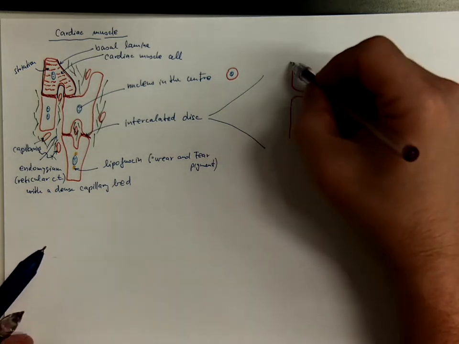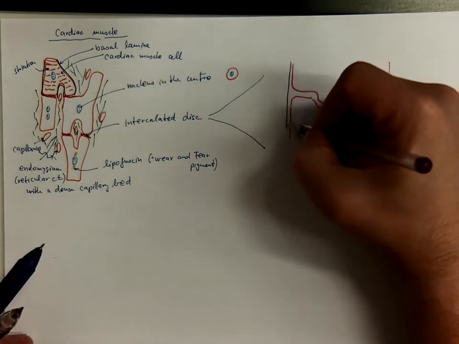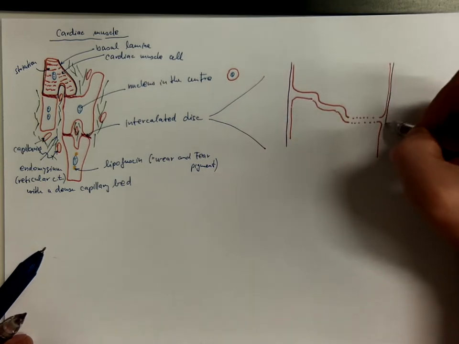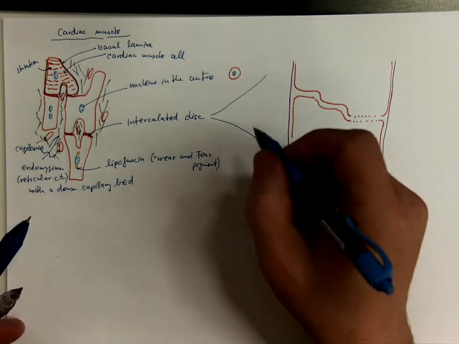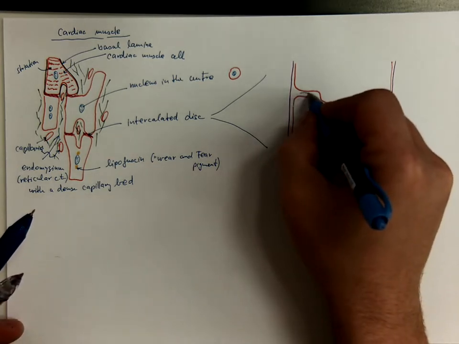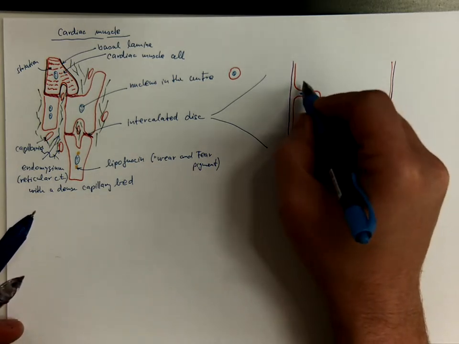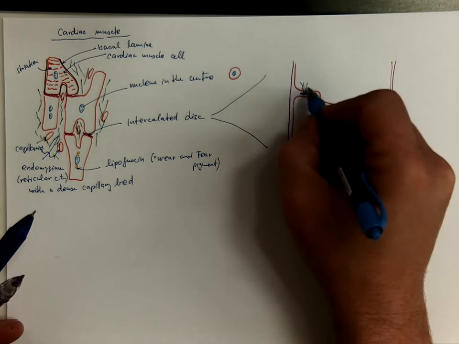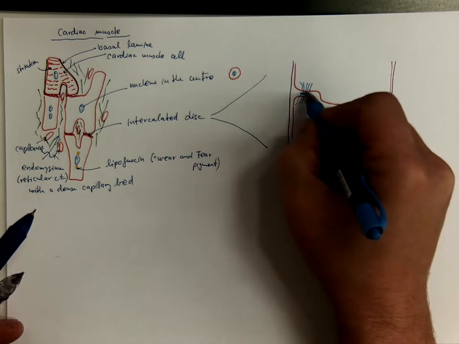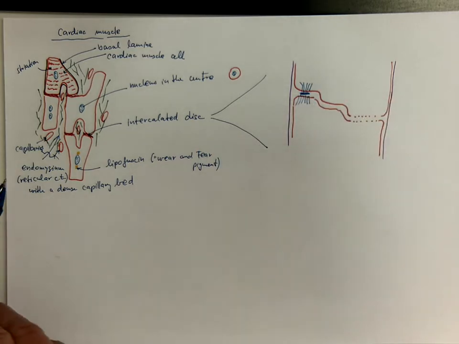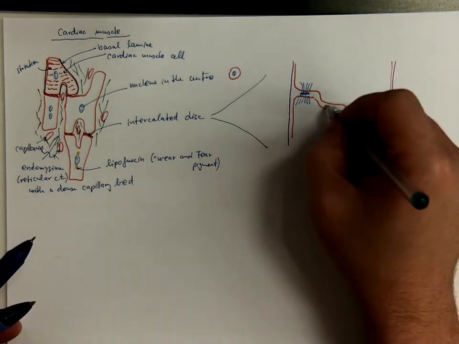So here we have the basal lamina. And one of these connections is called a fascia adherens, with the cytoskeleton inserting with the help of some transmembrane proteins and integrins into a plate in the extracellular space.